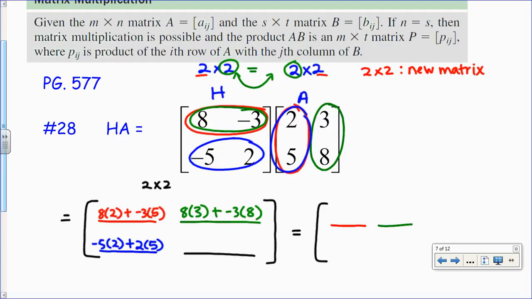Okay. Negative 5 times 2 plus 2 times 5. And then the last one I have will be row 2, column 2. And that's negative 5 times 3 plus 2 times 8.